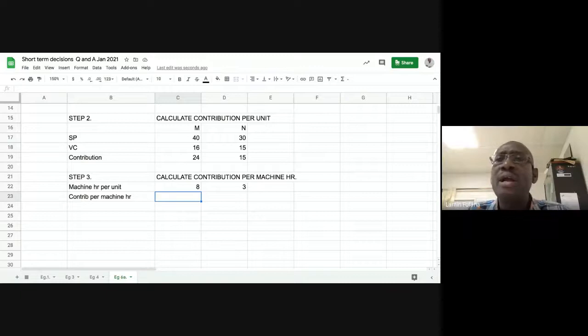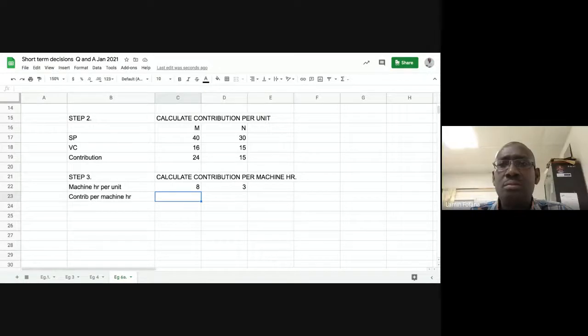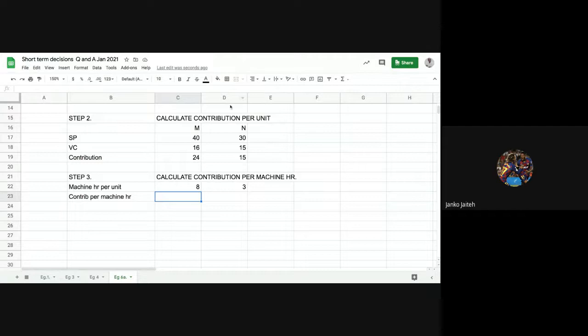Okay. So how can we do that in Excel? We do equals C19 divided by C22.